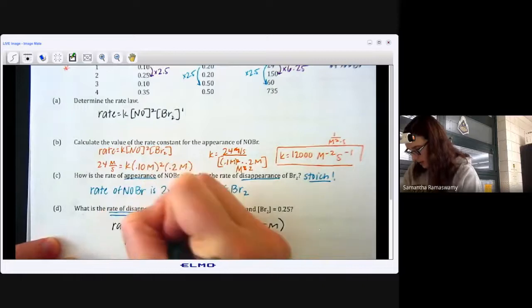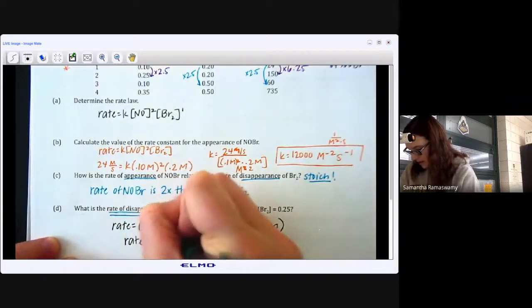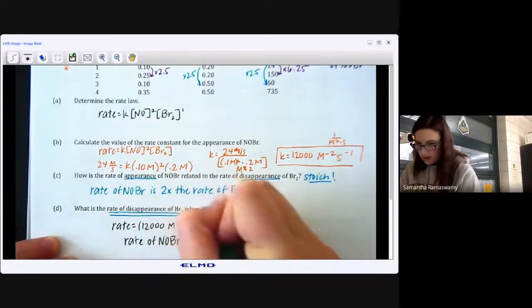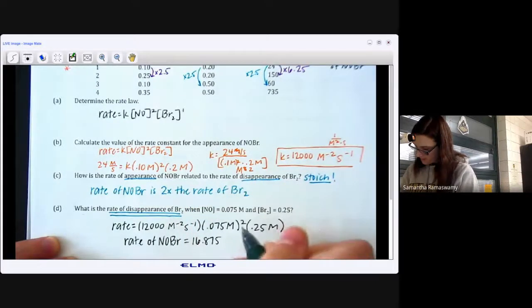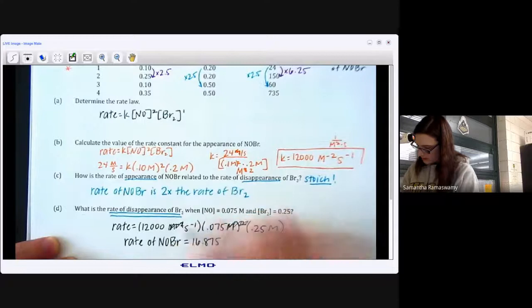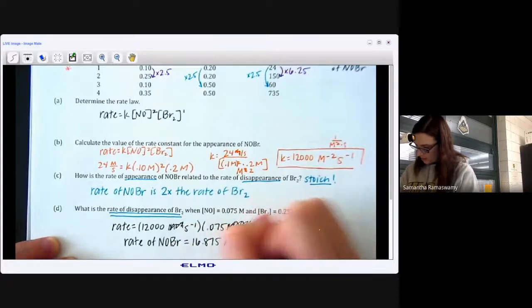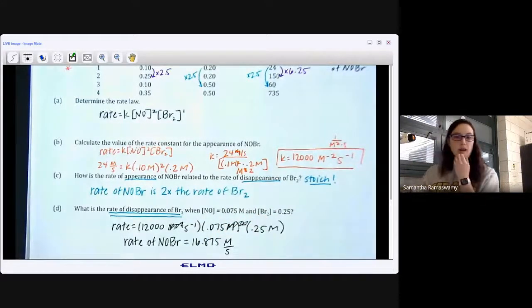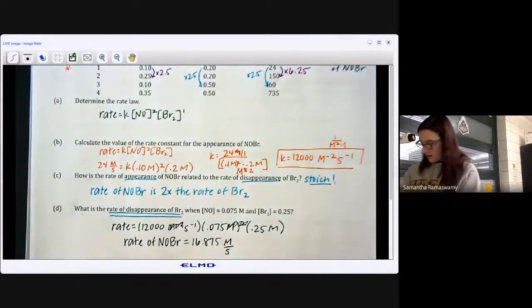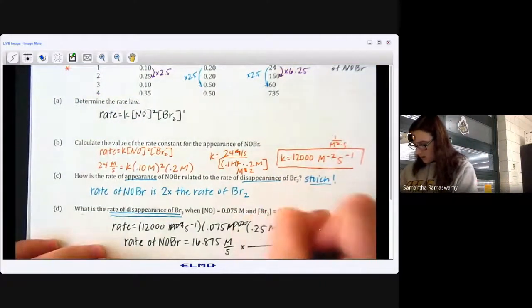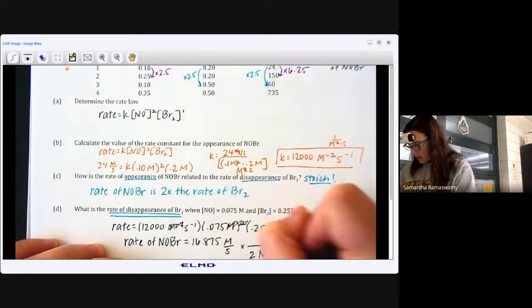Now I'm going to label this: the rate of NOBr is 16.875 molar per second. That's NOBr. The problem wants Br2. So here's what I'm going to do.